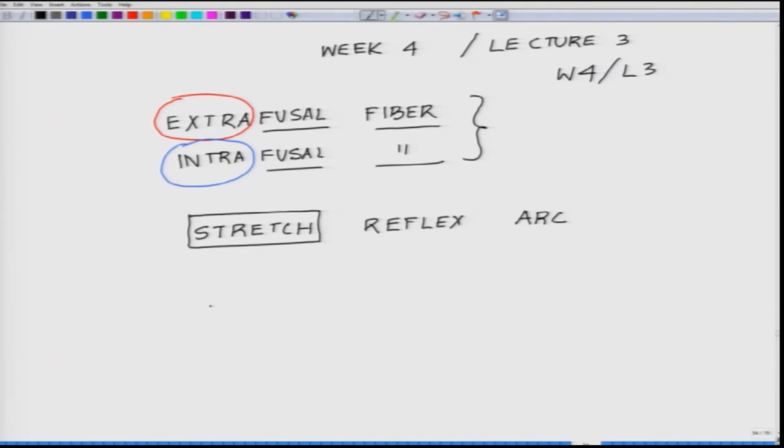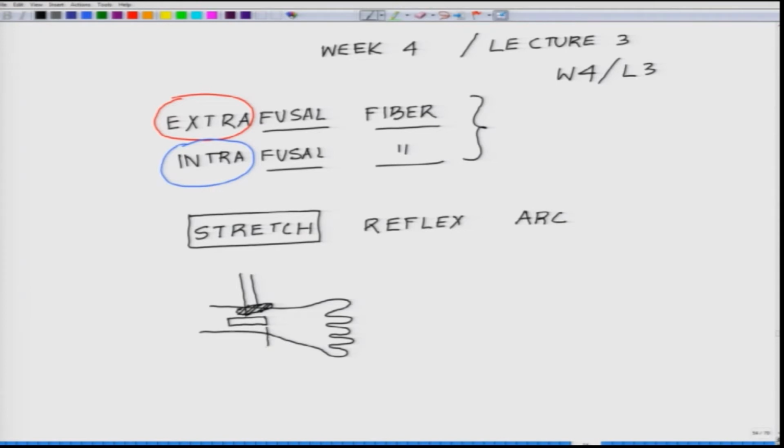So, here I pick up an area out here in the muscle. I apply a force with a hammer.